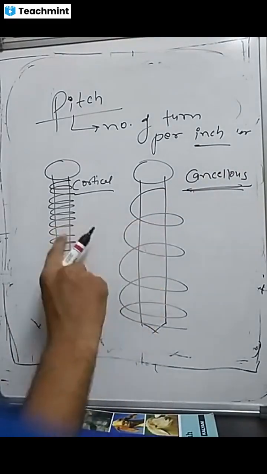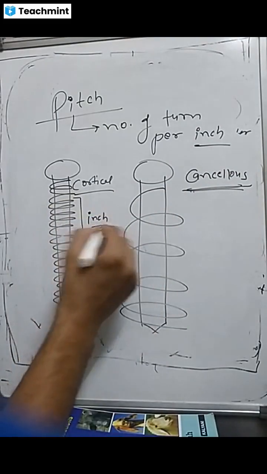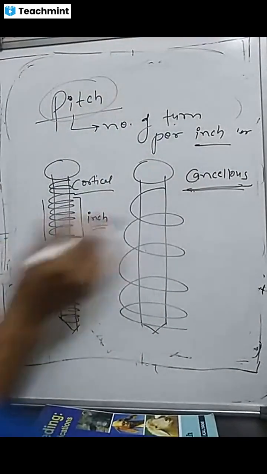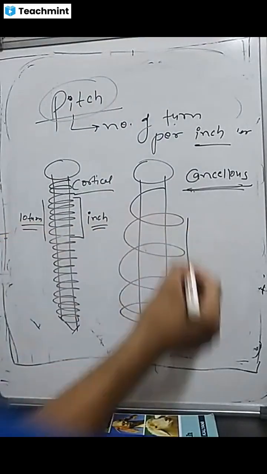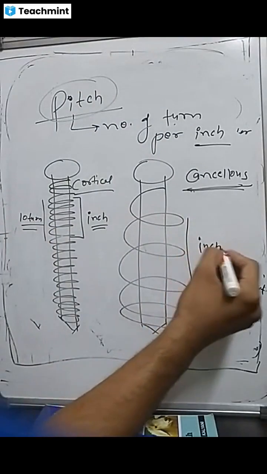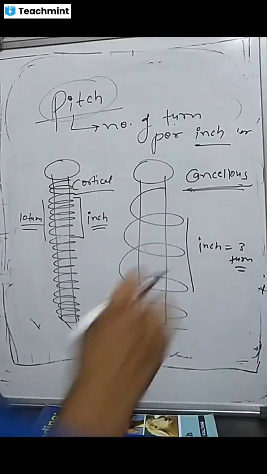If you look, suppose this is 1 inch. Pitch means the number of turns. In this 1 inch, 10 turns are there. If this is 1 inch, how many turns are there? 1, 2, 3.